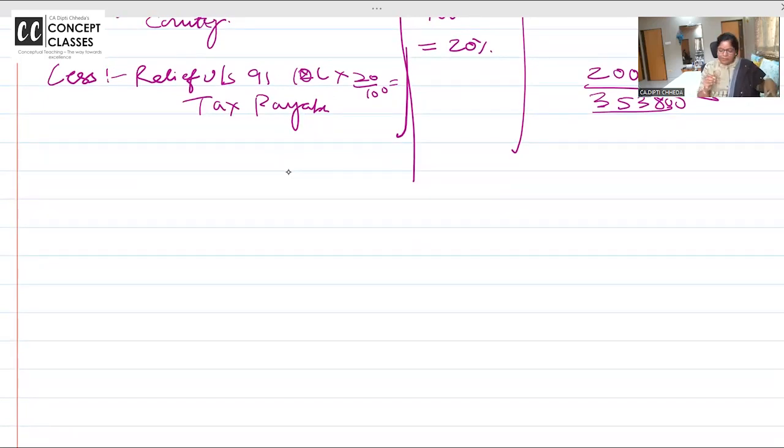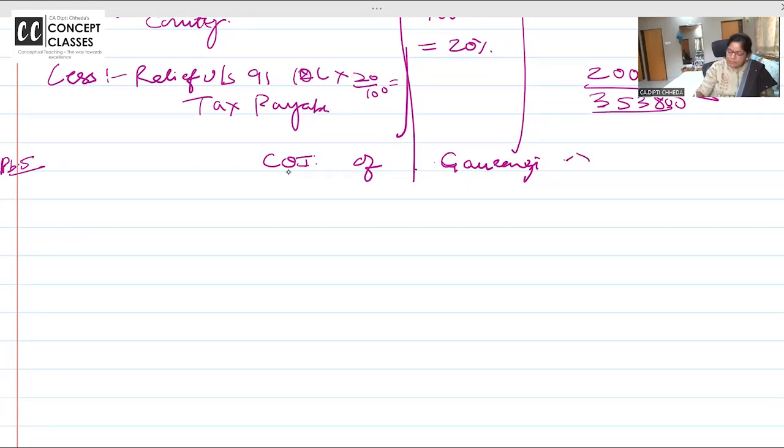Problem number 5. Computation of income of Gaurangi, previous year 22-23.